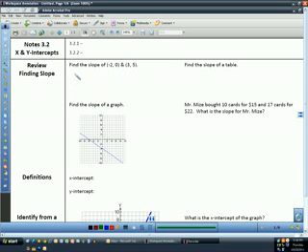So if you remember, the way we find slopes from two coordinates is we use the formula m equals delta y over delta x, which is the difference of the y's, or y sub 2 minus y sub 1, divided by x sub 2 minus x sub 1.